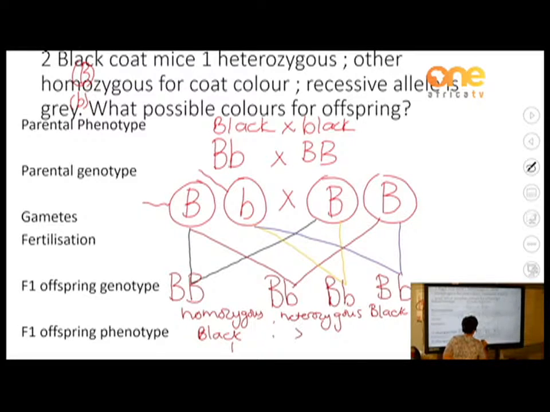All of the offspring will be black phenotypically. But when we look at the genotypes, there can be a homozygous black or a heterozygous black.